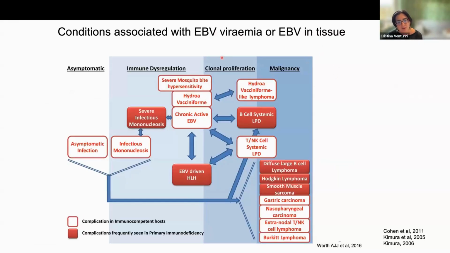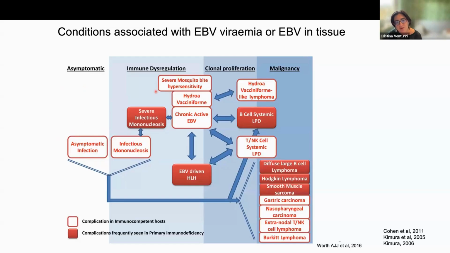In this slide, I want to give you a little overview of conditions that are associated with EBV viremia and different EBV tissue involvement. We have quite a big continuum of diseases. We start from an asymptomatic condition in the immunocompetent host, which can also show as infectious mononucleosis.